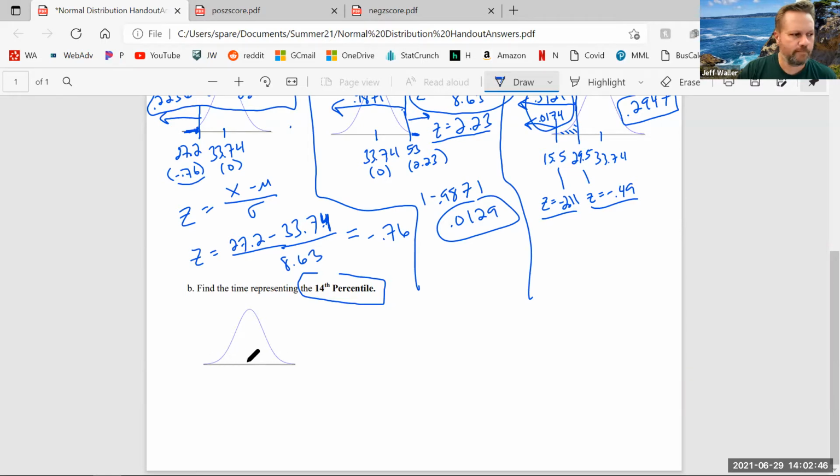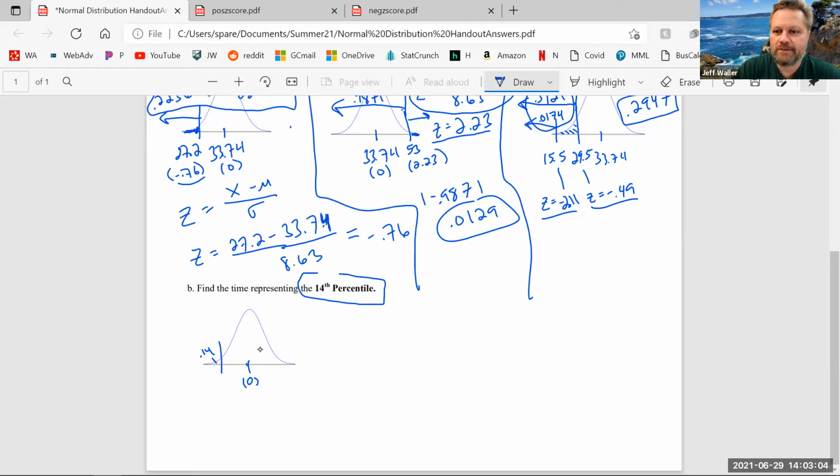It'd have to be low, because what percentile is this? The 50th percentile. So the 14th percentile has got to be down here somewhere. So there's only 14% there. Do you see where I wrote the 0.14?